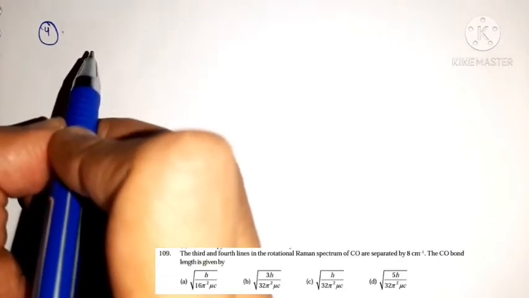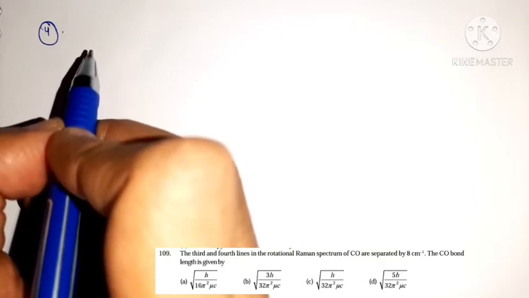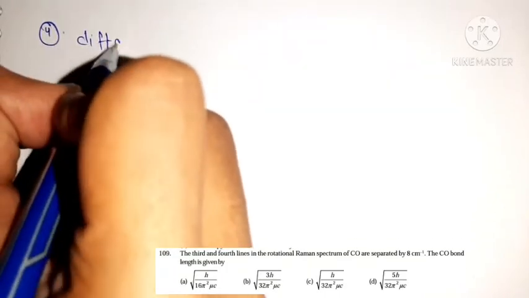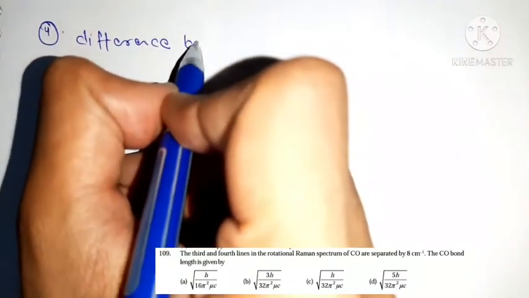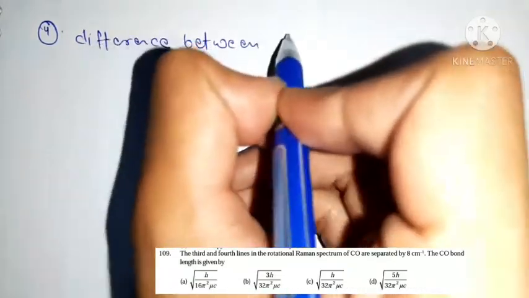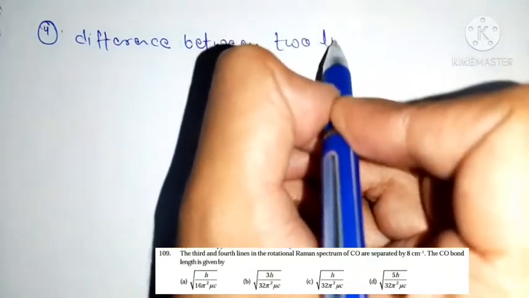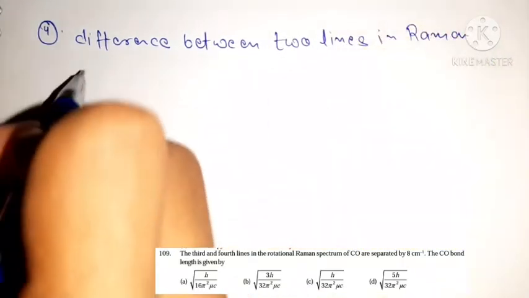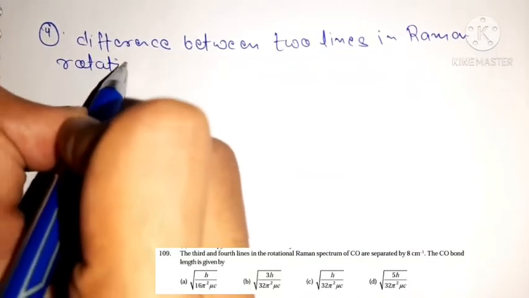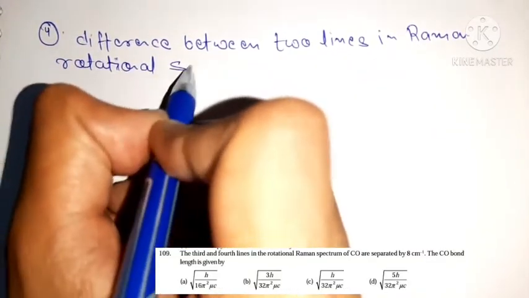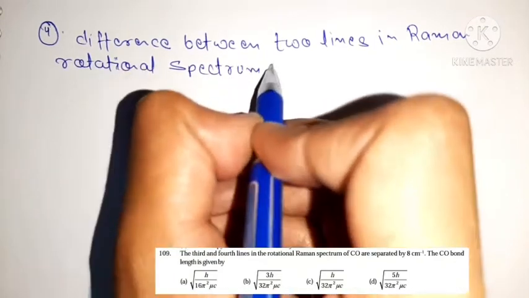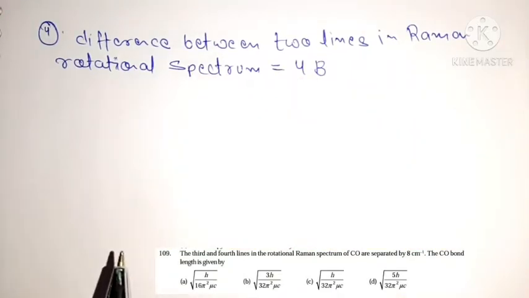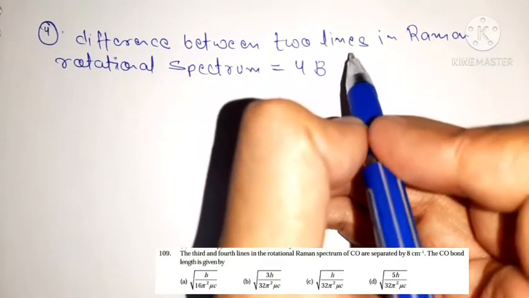Now see, friends, we know very well that the difference between two lines in Raman rotational spectrum is given by 4B. The difference between two lines in Raman rotational spectrum is equal to 4B, and in our question we have this value, that is 8 cm inverse.